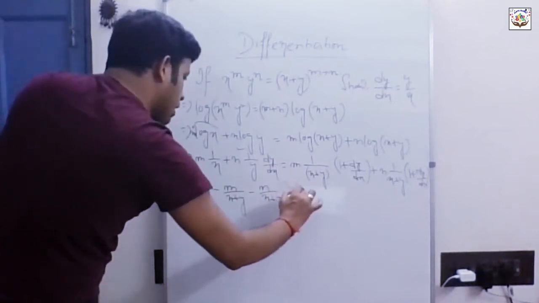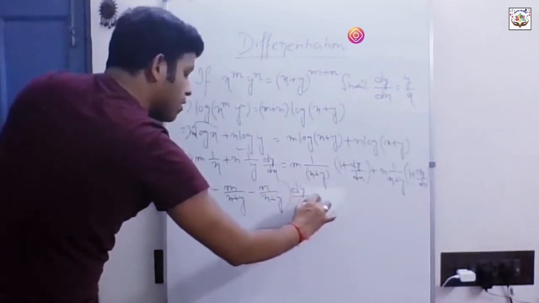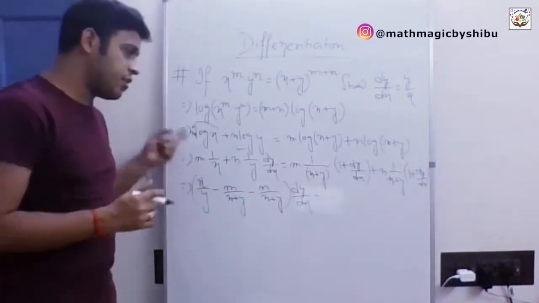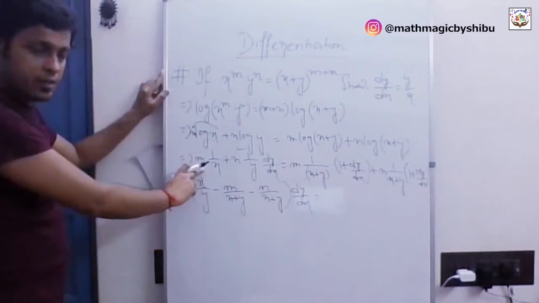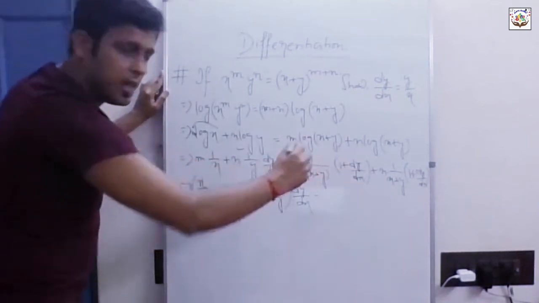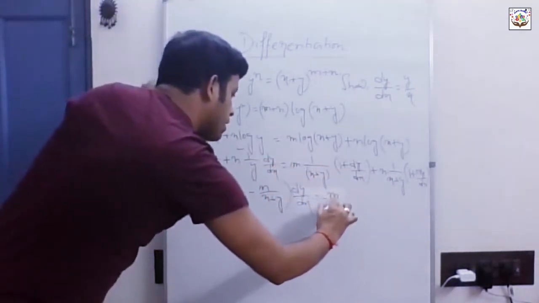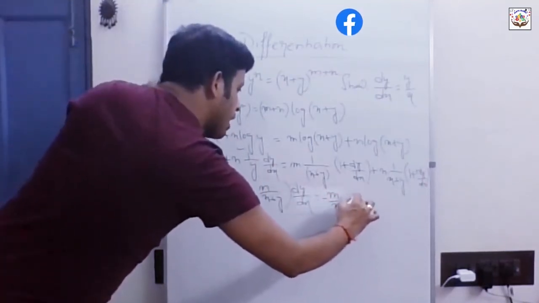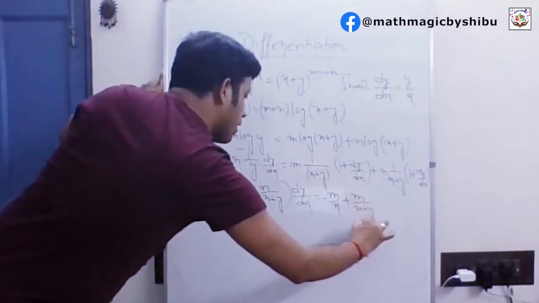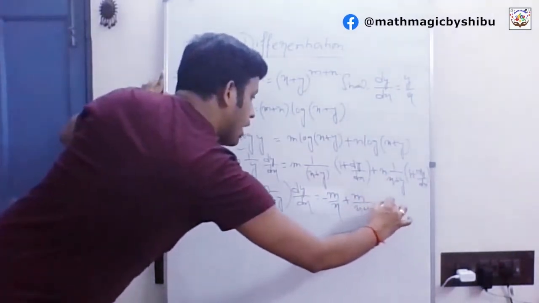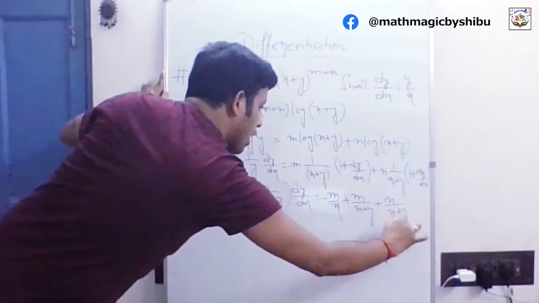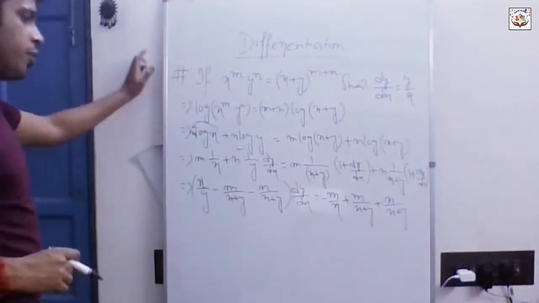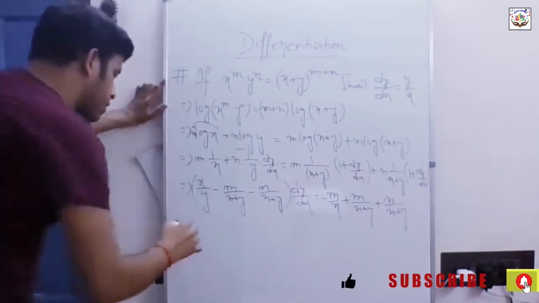So this would be under dy dx. And from this part we have m by x, so we'll take this m by x in the next step to the right hand side. So minus m by x, it would be only plus m by x plus y plus n by x plus y. Okay, now what would be my dy dx, right?